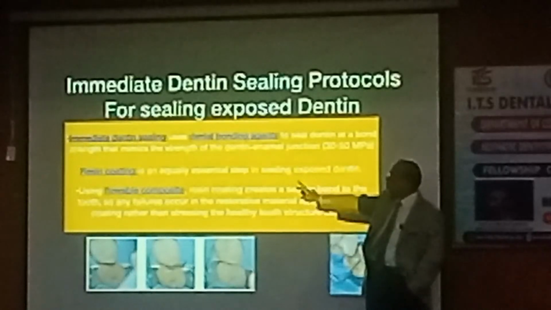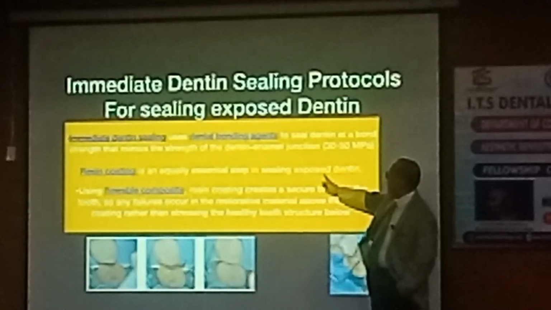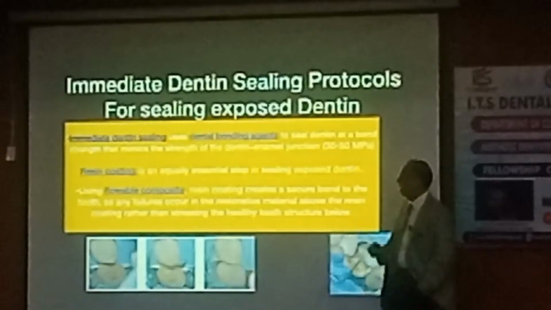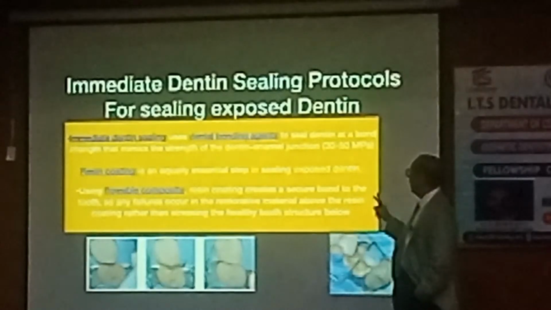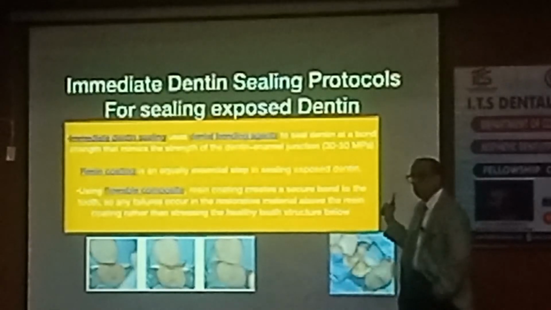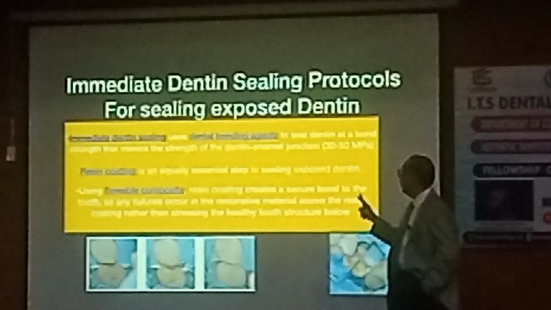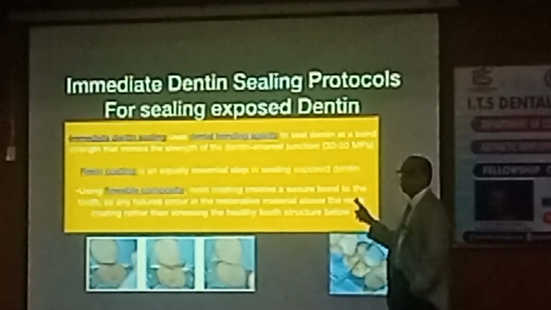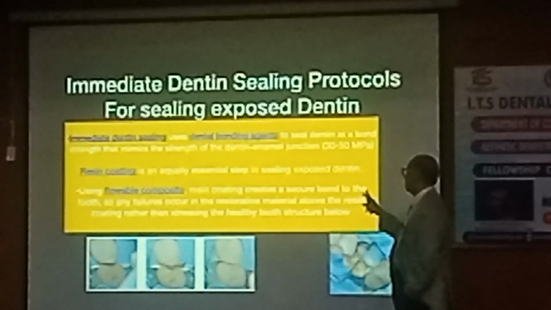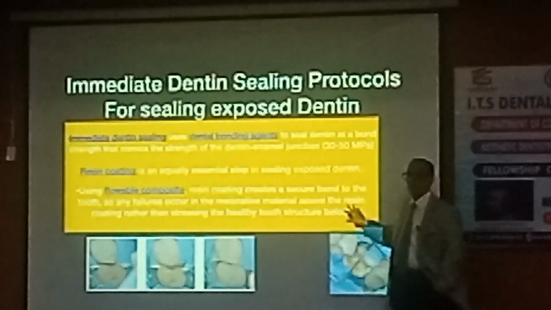The resin coating is an equally essential step in sealing exposed dentine. Using flowable composites, resin coating creates a secure bond to the tooth, so any failures occur in the restorative material above the resin coating rather than stressing the healthy tooth structure below.